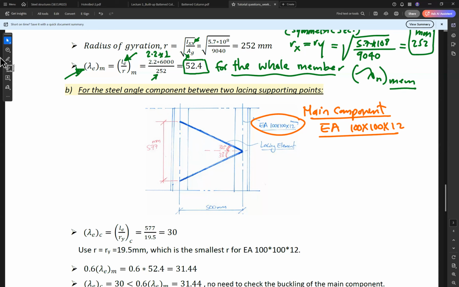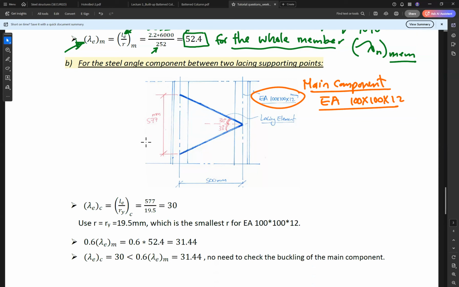From the geometry, we need to find the buckling length, or the unsupported length, for the angle, which is this part. So we need to find L effective for the component, which is equal to 577 millimeters.